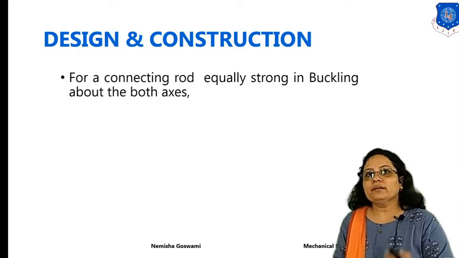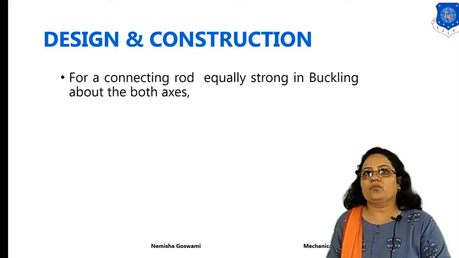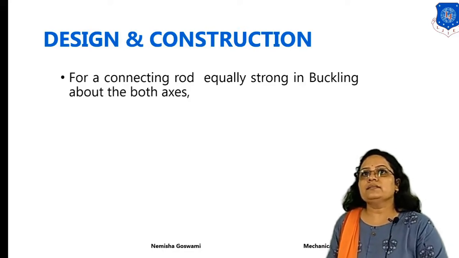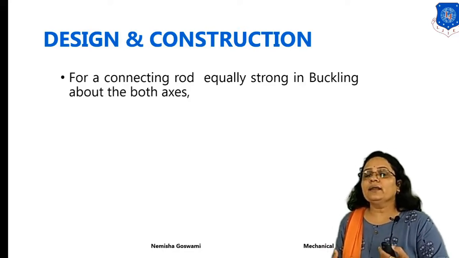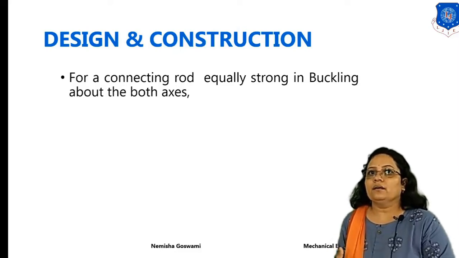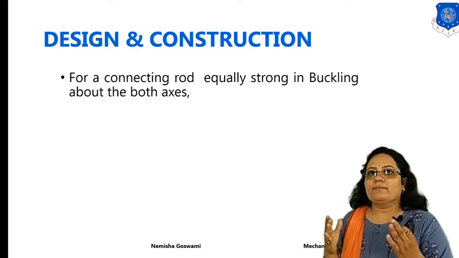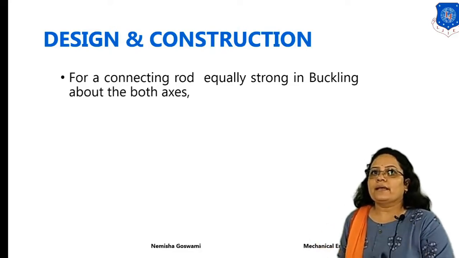We have already seen that the Rankine formula is used for the design of the connecting rod, because the connecting rod is considered as a strut, since the compressive stresses are much more than the tensile stresses.